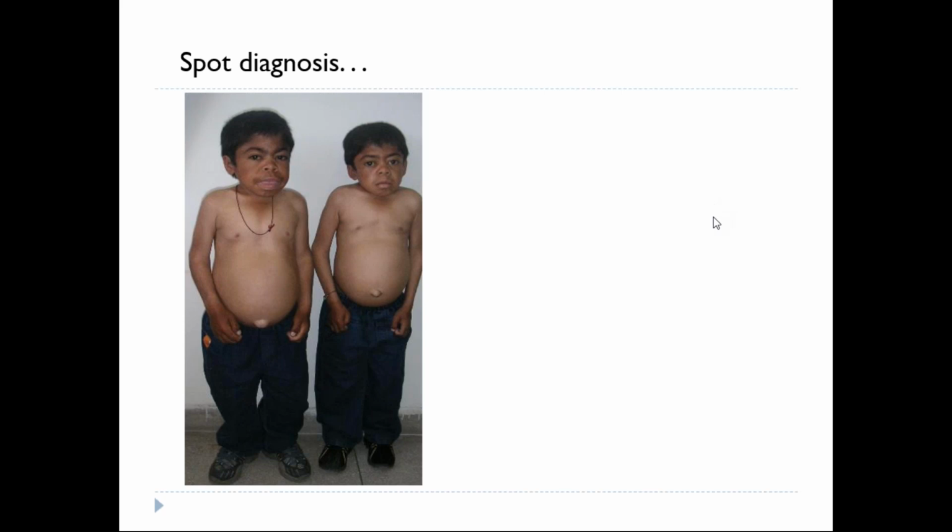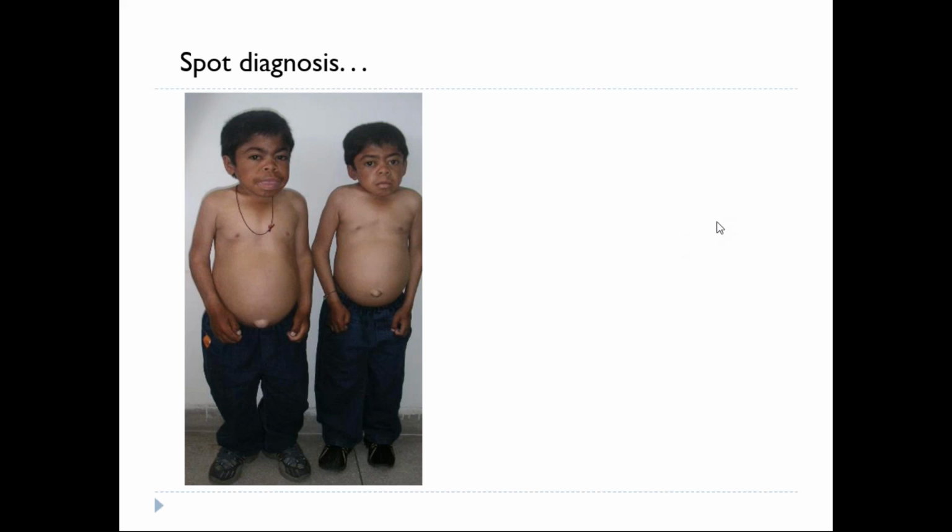Most of you have answered advanced. Somebody said Beckwith-Wiedemann. Yeah, he does have coarse faces, but still, anybody else? Look at the faces. Yes, somebody has mentioned he has coarse faces. He has a distended stomach.